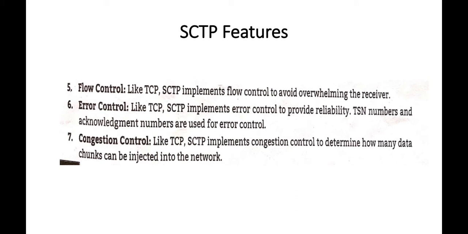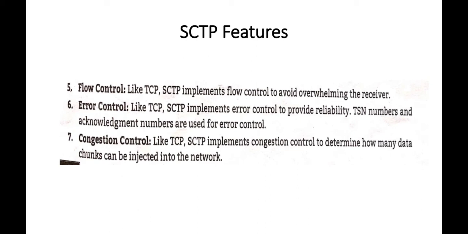Then the next one is congestion control. Here also, just like TCP, SCTP implements congestion control, to determine how many chunks can be injected into the network. Here a packet is nothing but a chunk, a segment is nothing but a chunk. So how many chunks are affected or congested in the traffic, how many chunks are lost due to the network load increasing.